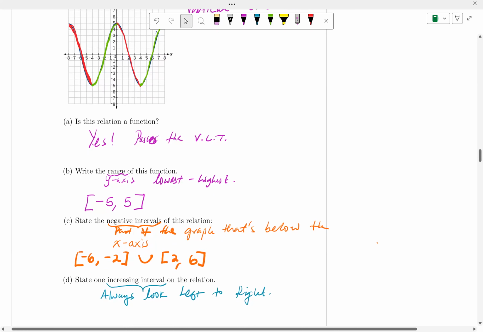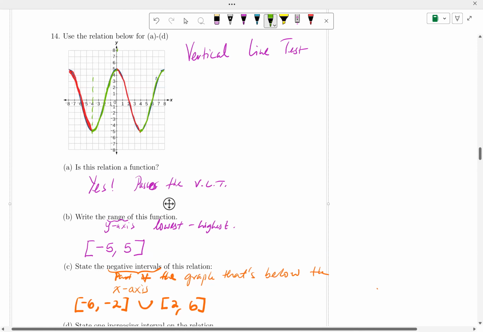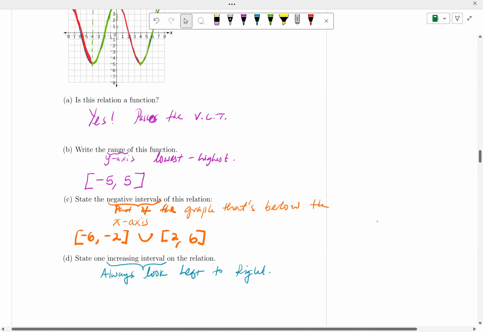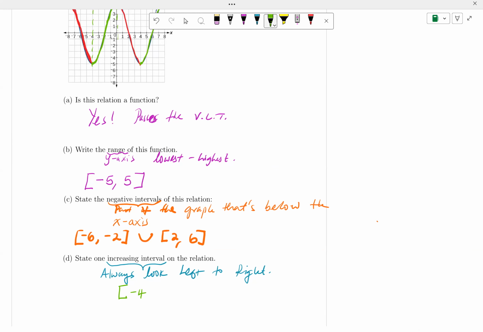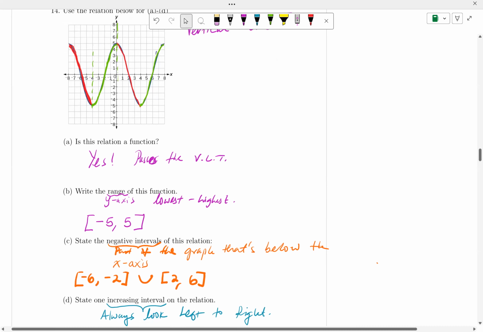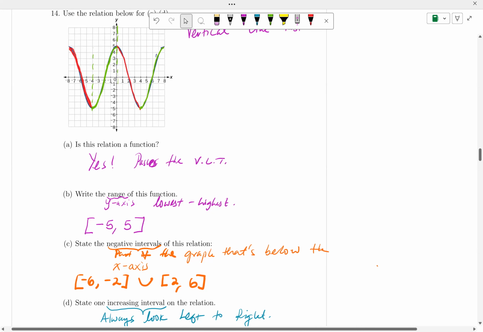Now, the question only asks us to state one of those, and again, everything is given in terms of the x values. So starting at -4 and ending where x is 0, that graph is increasing. So we can say the increasing interval is from -4 up until 0. That would be the answer to that.